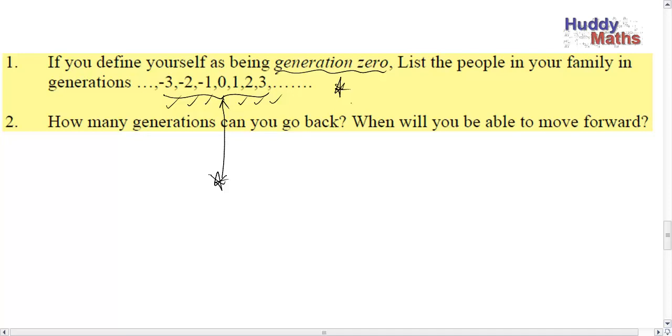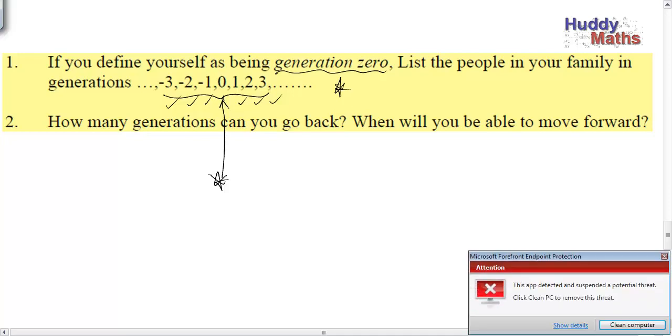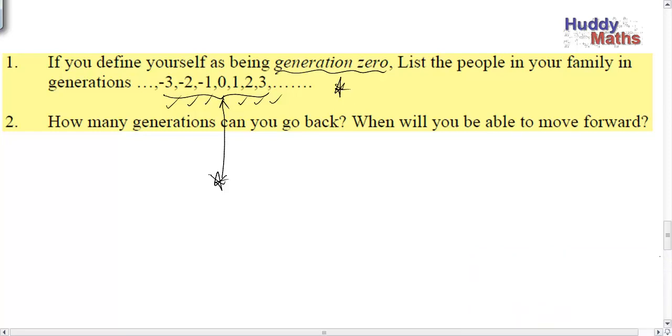All right, well, I hope you were able to actually list a few people. So here, if you're generation 0, this is your mother or father. And before that, it was their parents and then their grandparents.